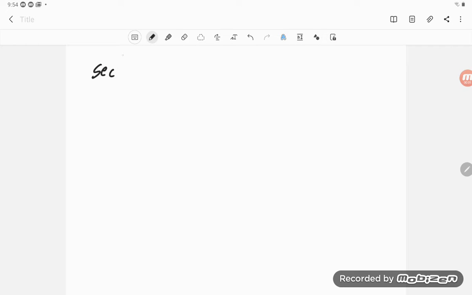Okay, this is section 4.0, and this is example 4.0.2, and it's kind of weird how they just stuck this in here. I don't really feel it follows from what they've been doing.